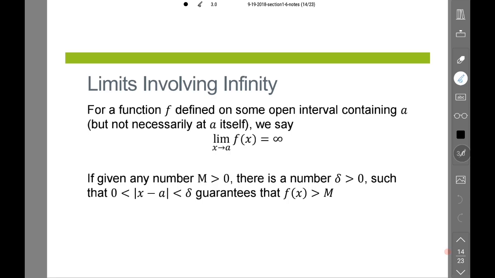Now, if limits involve infinity, things are a little different, but it's not too bad. For a function f defined on some open interval containing a, but not necessarily at a itself, we can say that the limit as x approaches a is infinity if we can find a number m that's bigger than 0, and we can find another number delta that's greater than 0, so that we have our interval just like we had before.